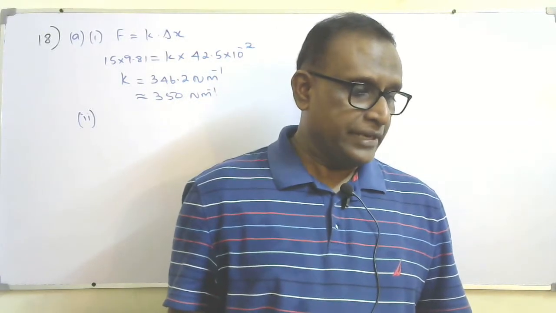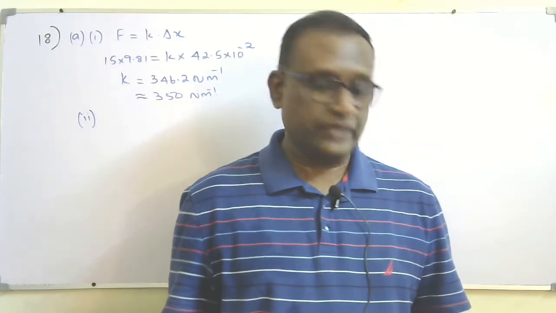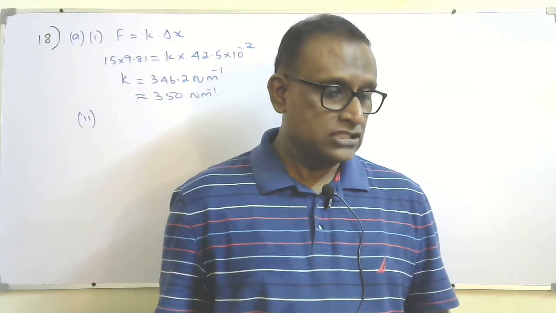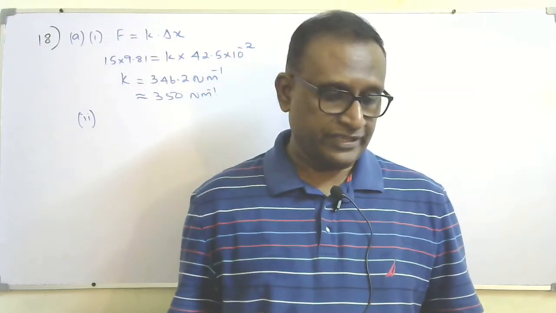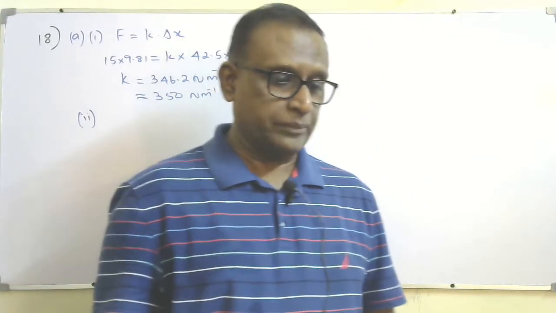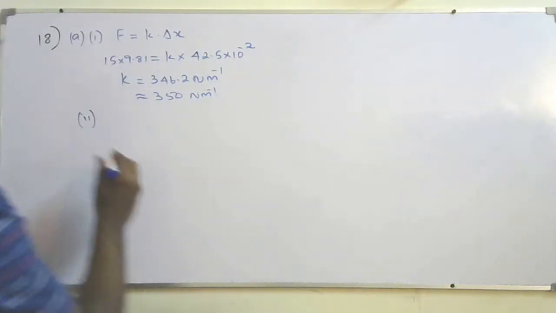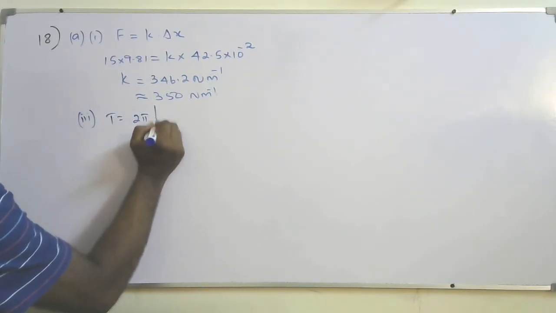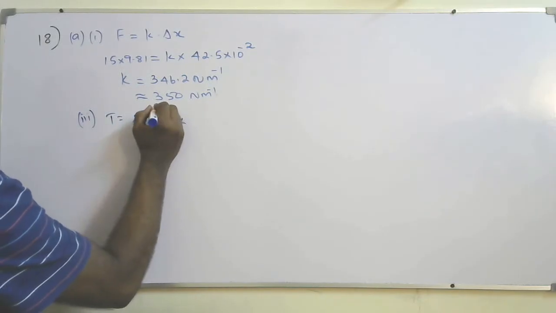Third part, the baby has a mass of 7.25 kilograms. Calculate the period of oscillation of the crib. The mass of the crib is given as 2.55 kilograms. The stiffness of the spring, that is K, is given as 350 Newton per meter. You know that there's an equation, T equals 2 pi square root of M over K, given in the data sheet.